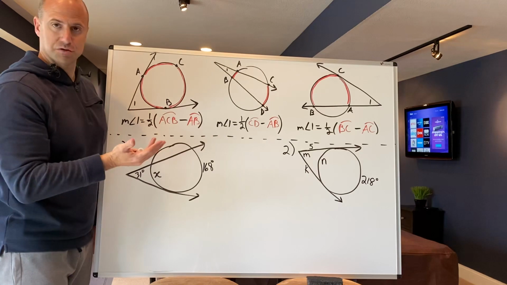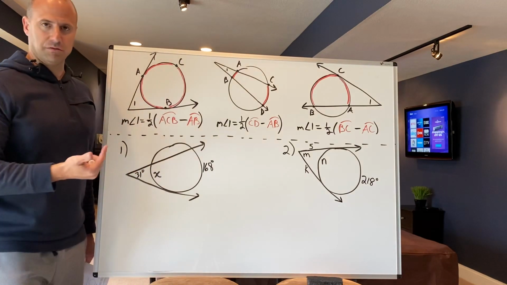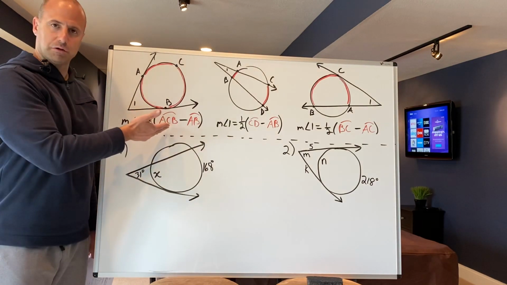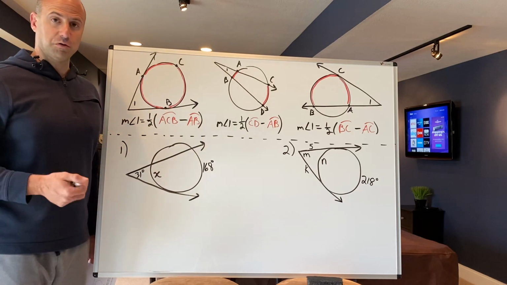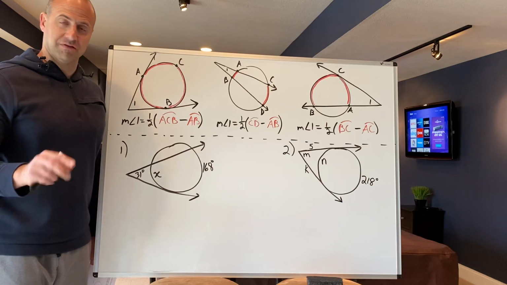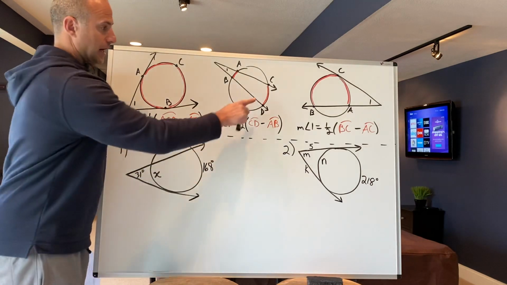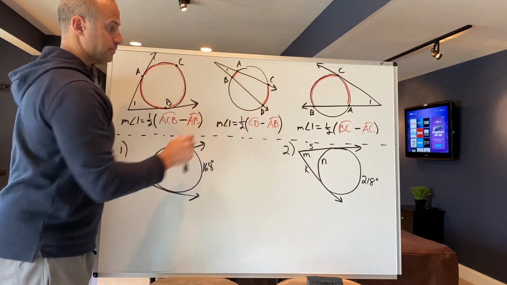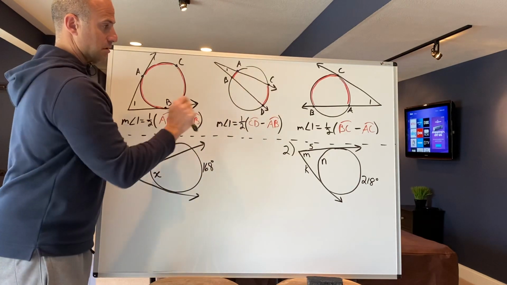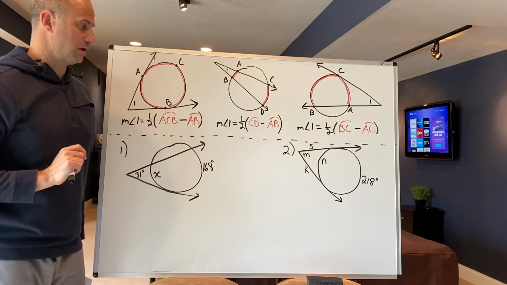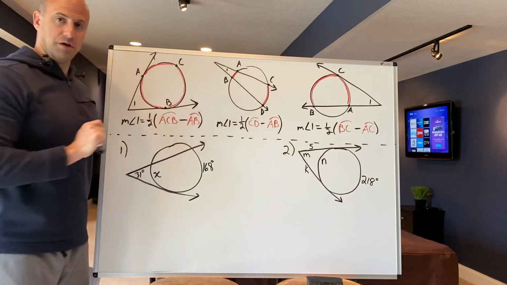I made those red, and you subtract those two. It's just like what you learned before, except this time the arcs don't take up the whole circle. The intercepted arcs, that's what they're actually called, would just be these two right here. So again, you take 1/2, the bigger intercepted arc minus the smaller intercepted arc, and you will get angle 1.